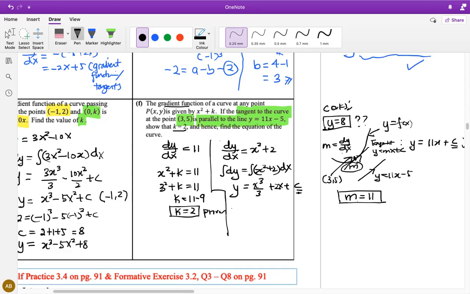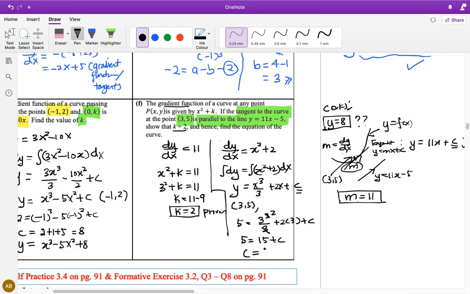So to get my c, I substitute back the same point, that is 3, 5, because we only know that 3, 5 is on the curve. So we put in 3, 5. So 5 equals to 3 cubed over 3 plus 2 times 3 plus c. So we cancel, it becomes 9 plus 6 equals 15.